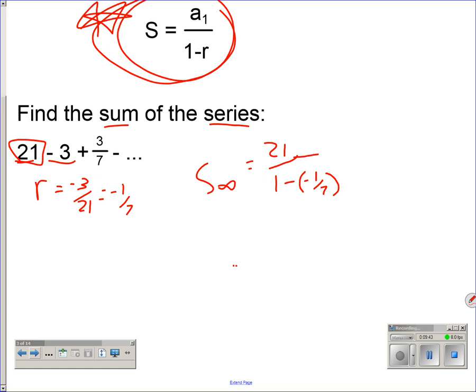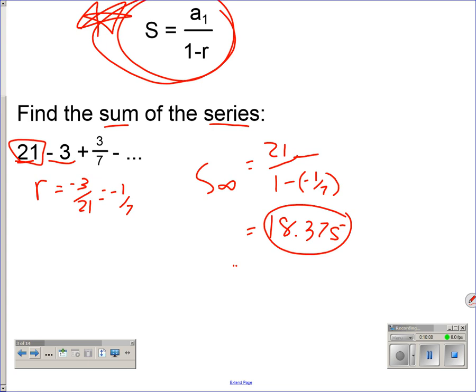I would type it in the calculator exactly like you wrote it there. Let's see what we get. Do your fraction symbol, do your parentheses. If you didn't get that, talk to me. We'll figure out why. But I'm saying the infinite sum is 18.375.